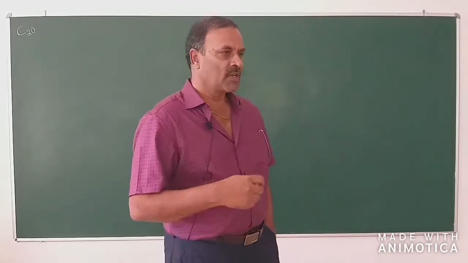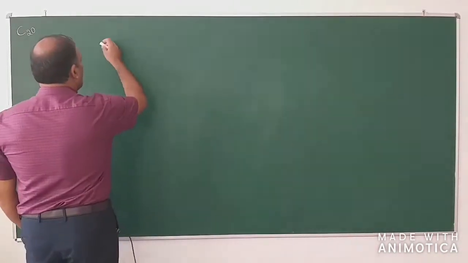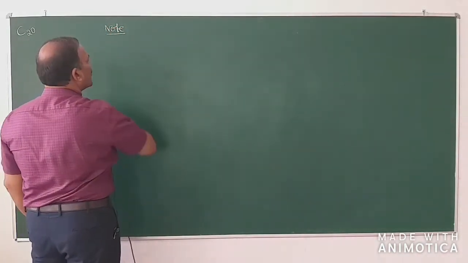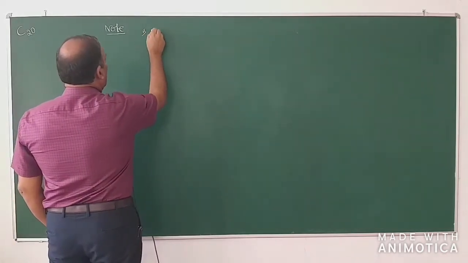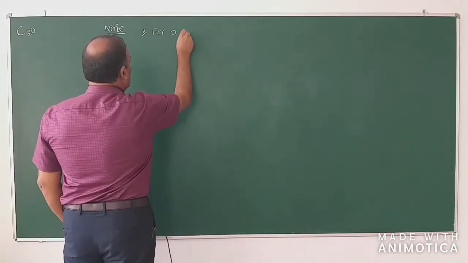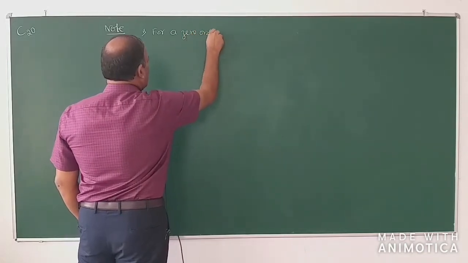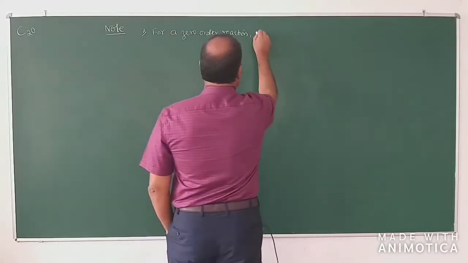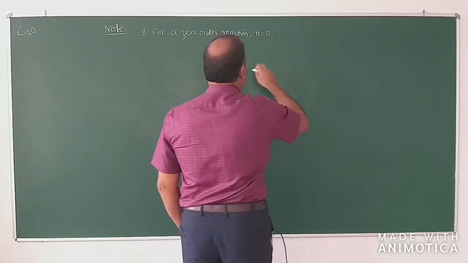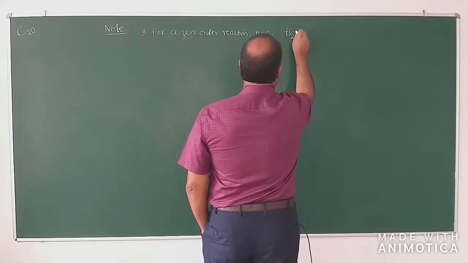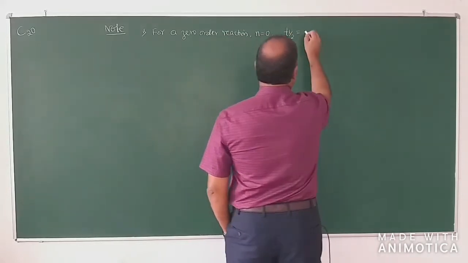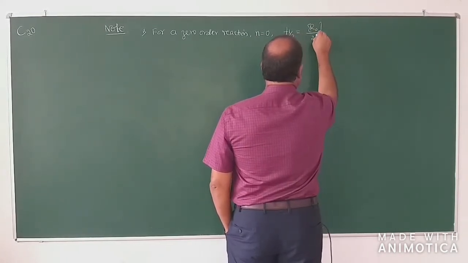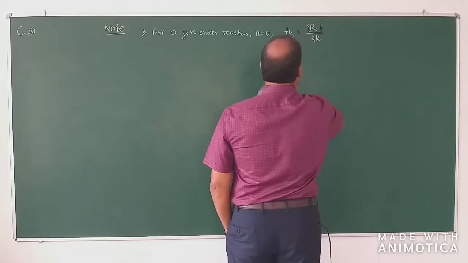So today we will have some notes. Note number 1, for a zero order reaction, n equals 0. Then what is t half? t half equals initial concentration divided by 2k.